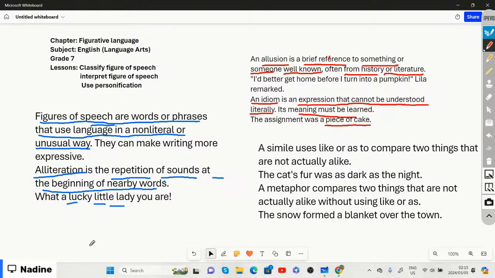All right, so we can say the metaphor can also compare things that are not actually alike without using the word like or as. Which means that similes use the word like or as, whereas metaphors do not.